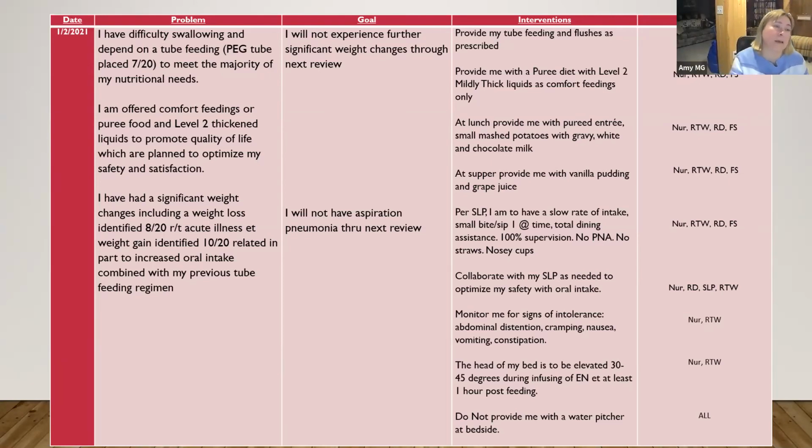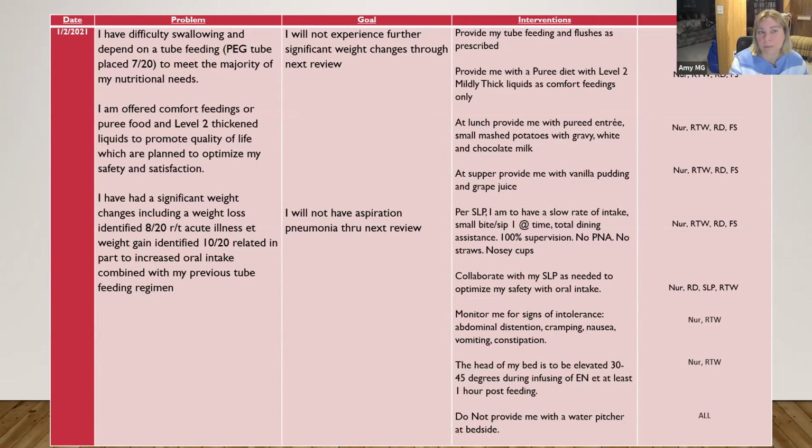So as you can see under their problem, why they're on a tube feeding and when the tube feeding was placed, then we're offering them comfort foods of puree and level 2 thickened liquids to promote their quality of life. But they've also had a significant weight change identified, a weight loss and a weight gain.